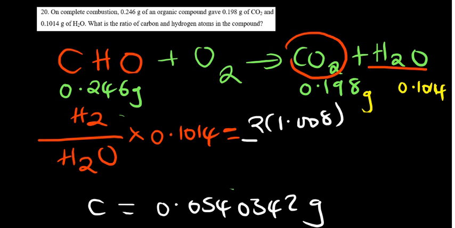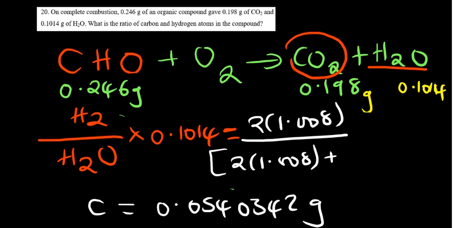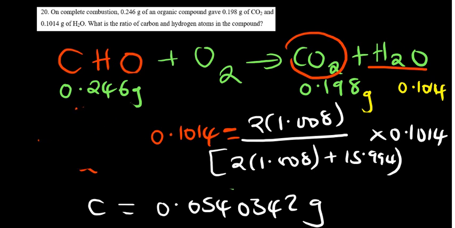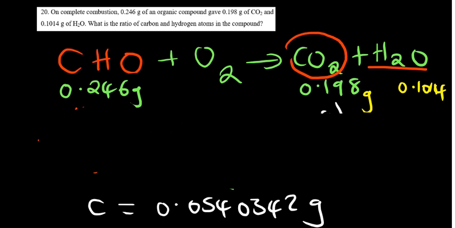Of course, even here we are supposed to divide by the total molar mass, multiplied by 0.1014. So after doing your calculations, your value for the hydrogen mass is basically 0.011347 grams.